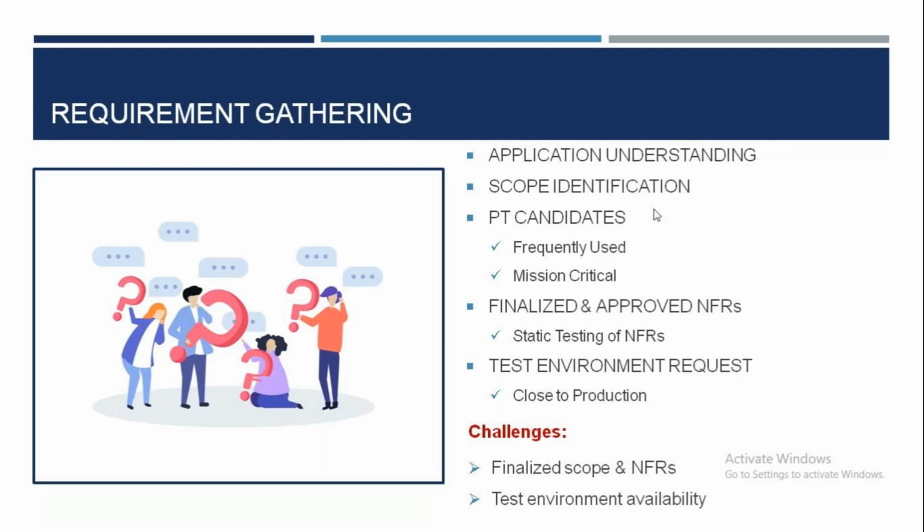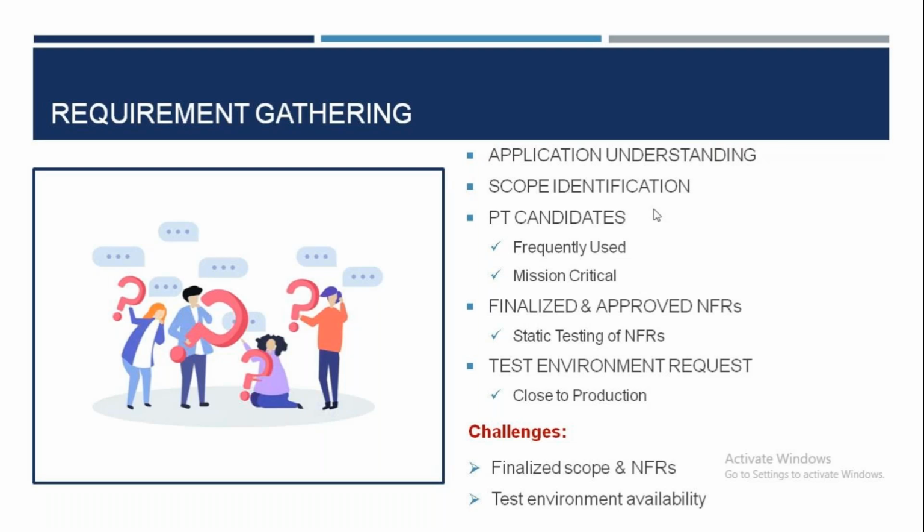Test environment availability. Many times the performance test environment which is close to production is not available. The project will say that no, we do not have a test environment close to production, and we cannot create one as well because it is going to incur a lot of cost to our project. What will you do in that case?